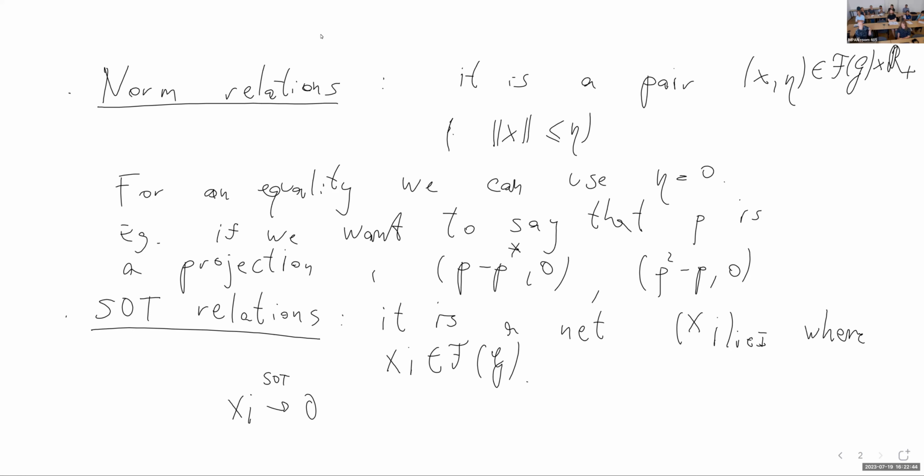That's the strong operator topology. SOT stands for strong operator topology: pointwise convergence in the norm of the Hilbert space. It's important to stress that this is pointwise convergence in norm, not the weak operator topology.